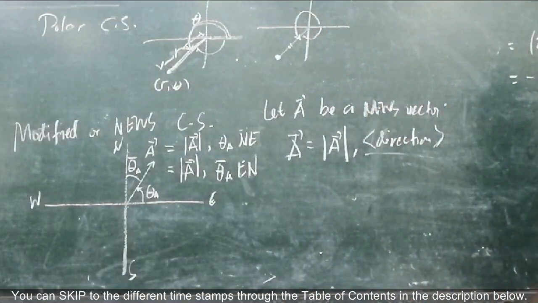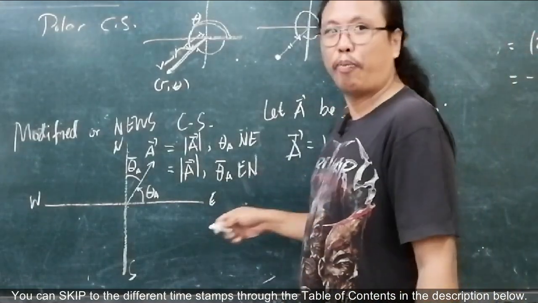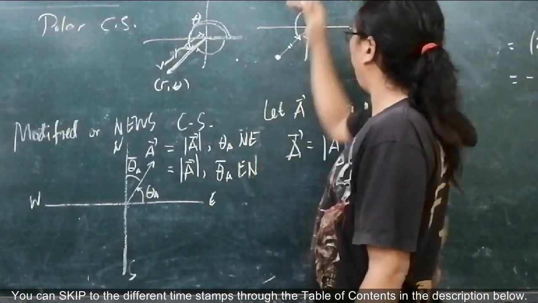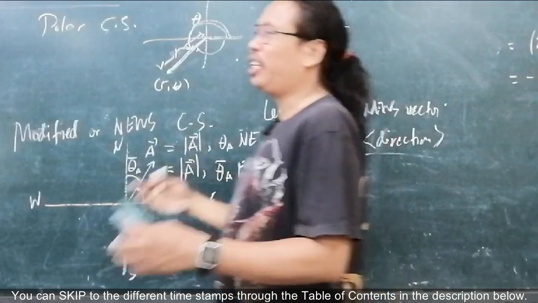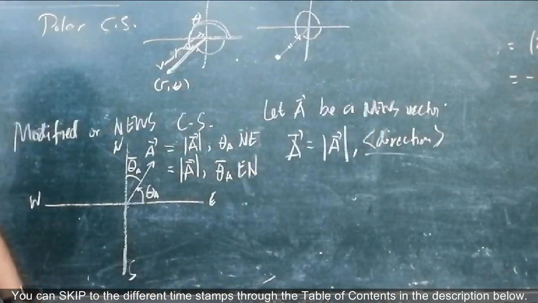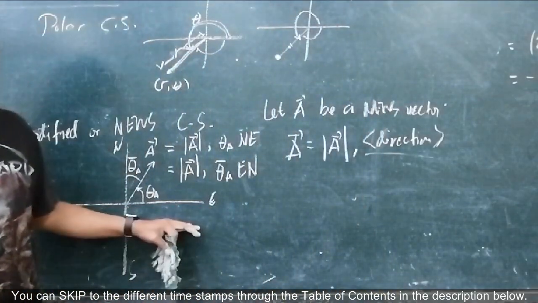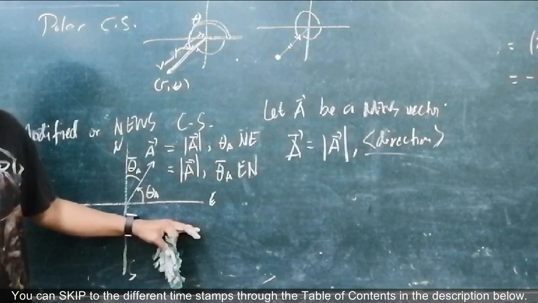We can call it that. Now, this is quite a problem. It seems that there are many ways to name a vector in the polar coordinates.